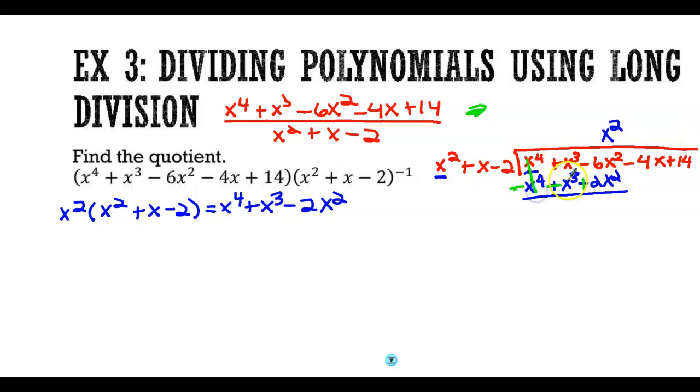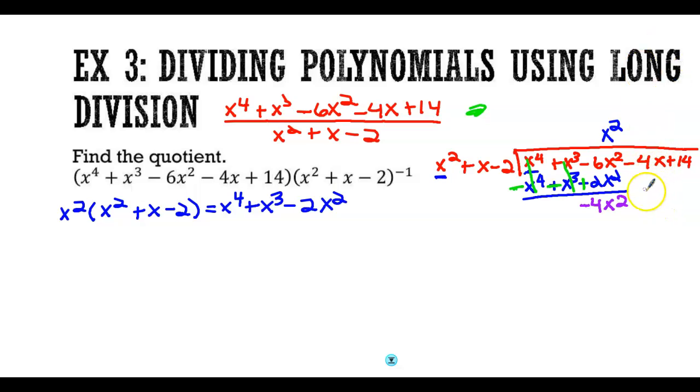The x to the fourths cancel, the x to the thirds cancel, and I'm left here with negative 6x squared plus 2x squared, which is negative 4x squared remaining.